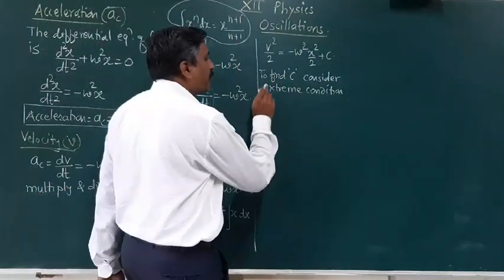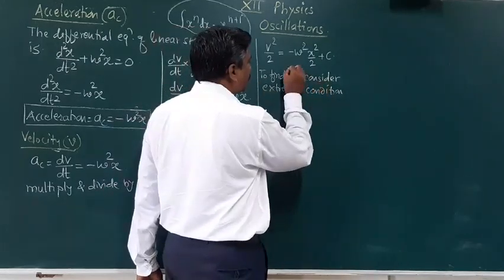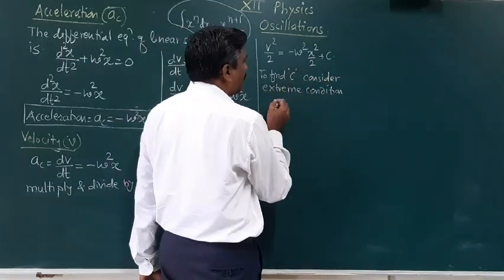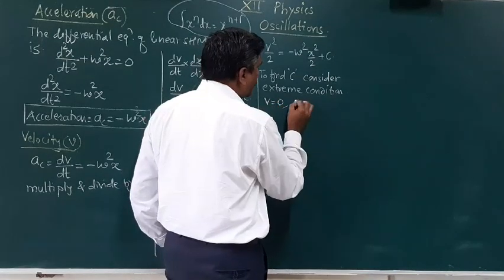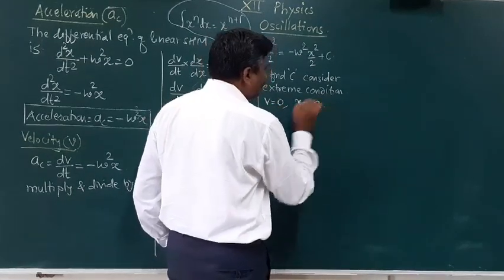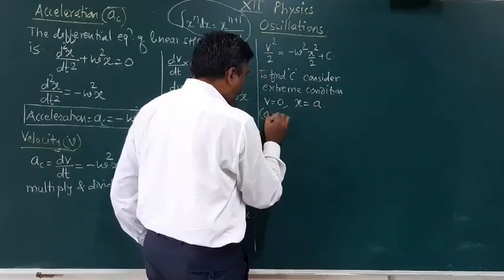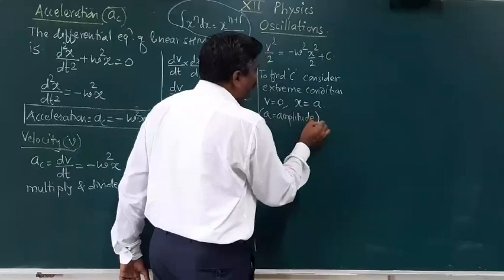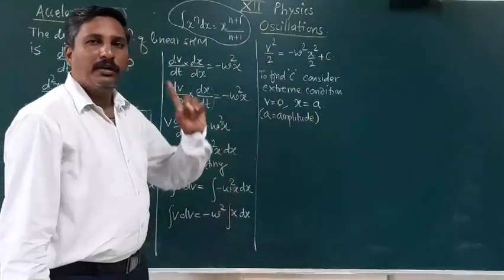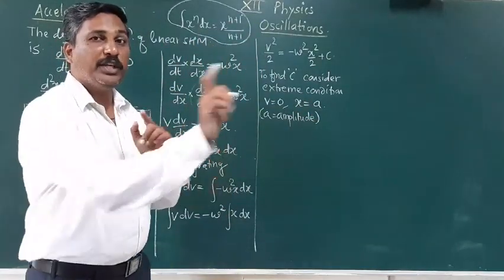So to find the value of c, consider the extreme condition, where velocity is 0 and displacement is the amplitude. Here A stands for amplitude, and the meaning of amplitude is the maximum displacement from the mean position.